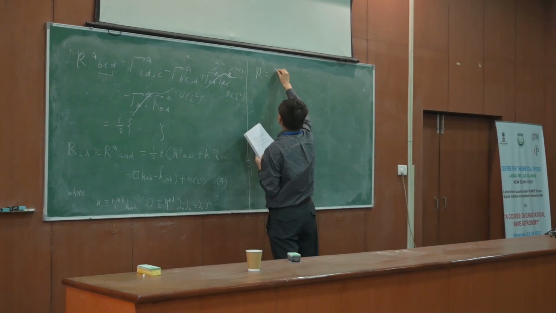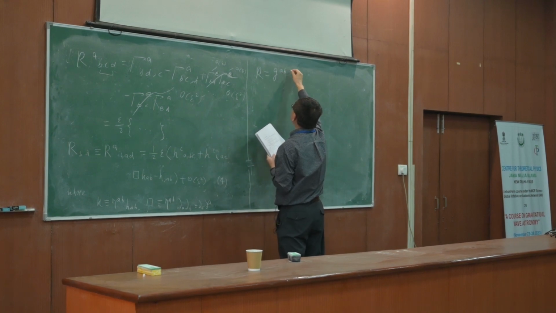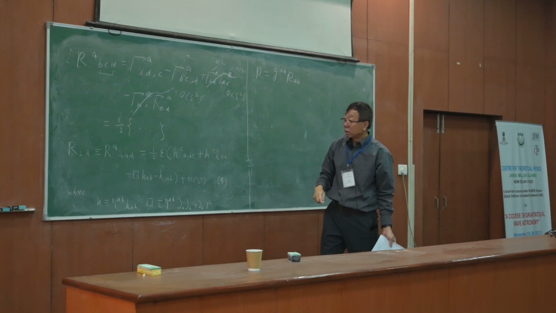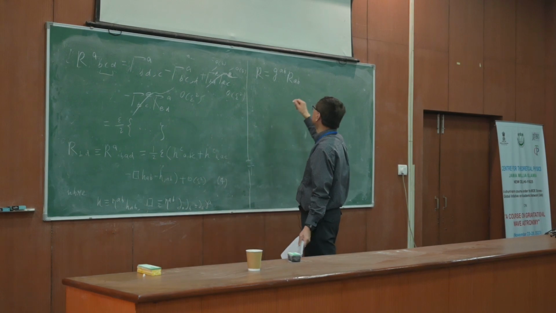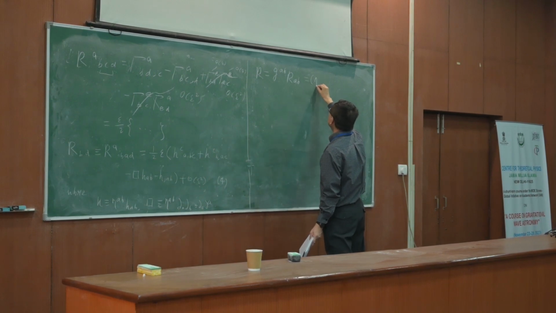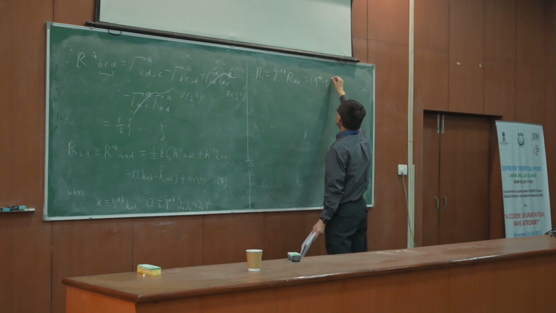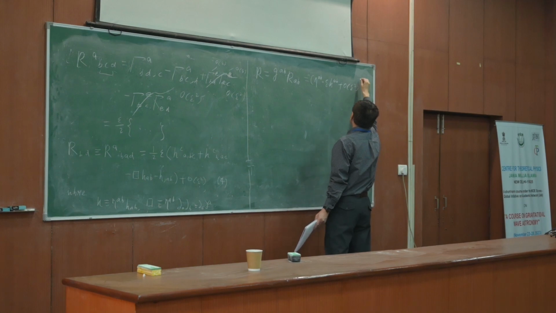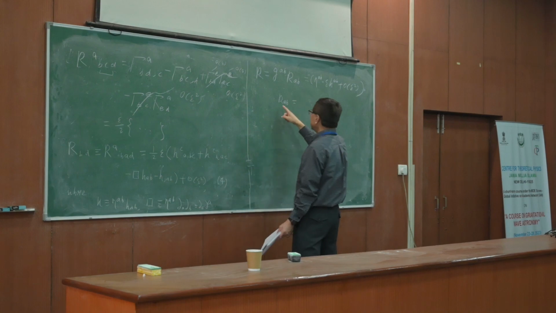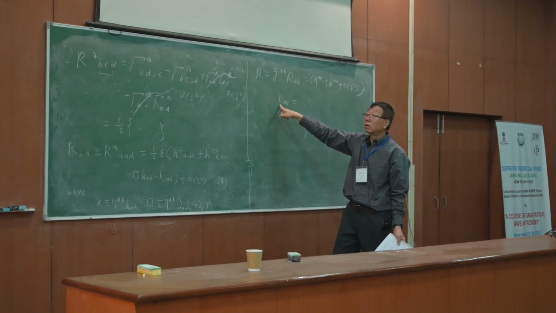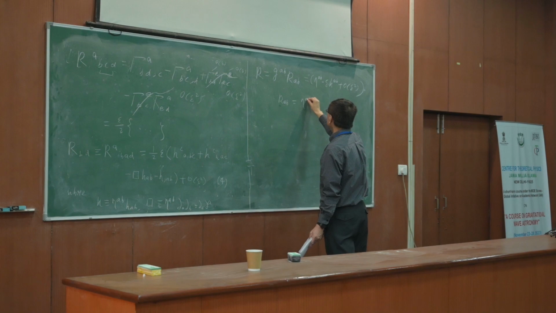So you can take G, A, B, R, A, B, right? And this is already first order. So in this case, by definition, equals eta AB minus epsilon H AB plus O, then multiply R AB. But as I said, this R is already first order. So this is eta AB, R AB.